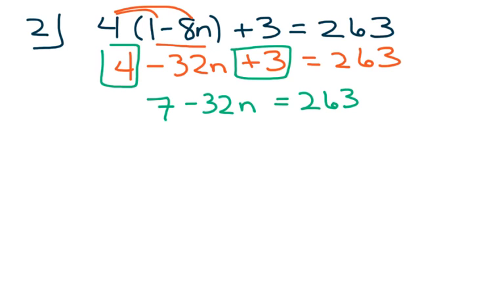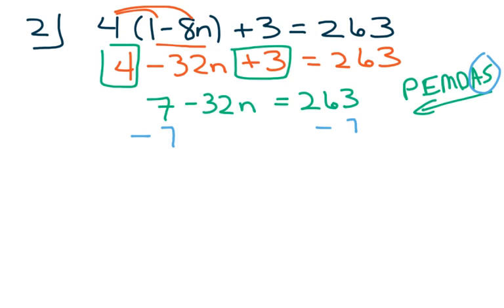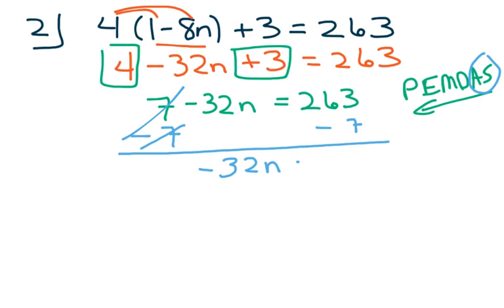Now that I've gotten rid of the parentheses and collected like terms, I can do PEMDAS backwards and ask, is there anything we could add or subtract to both sides? Yes, we can subtract the 7 from both sides. A lot of times I put a line through the 7 because sometimes they look like 1s. You don't have to, but I try to sometimes.